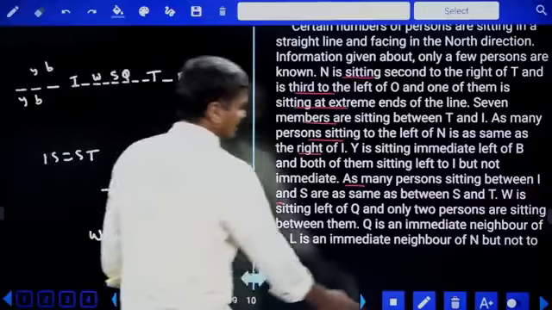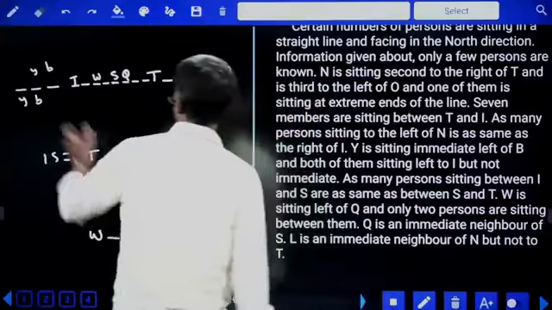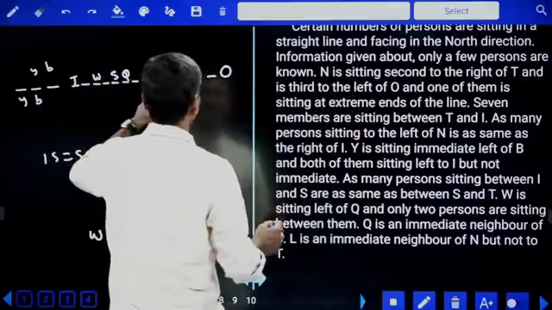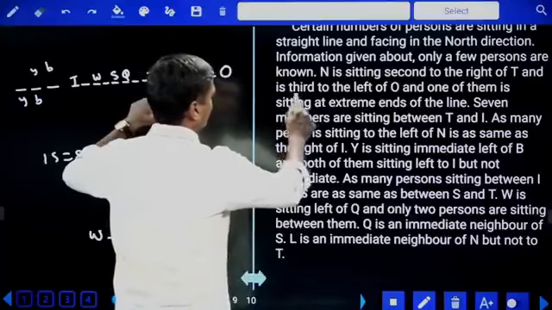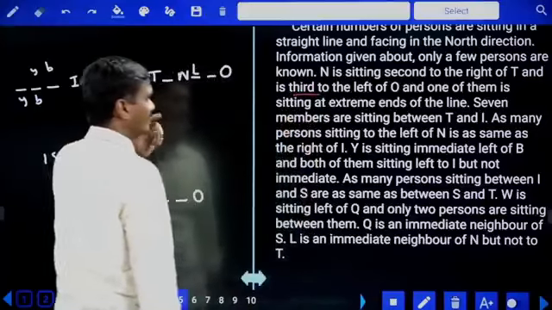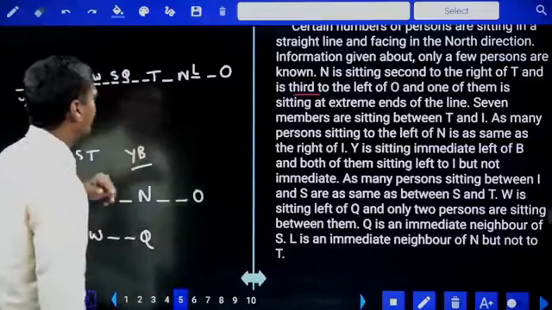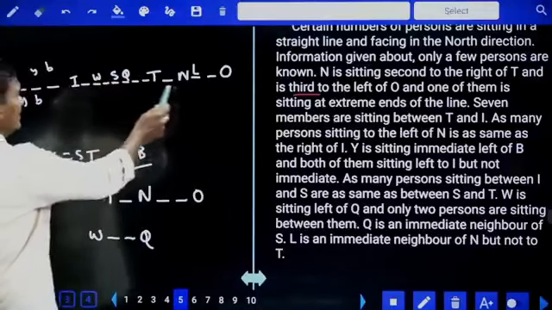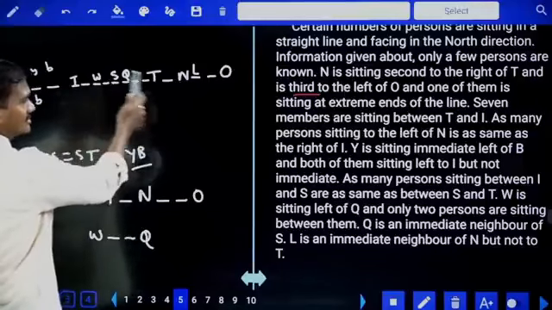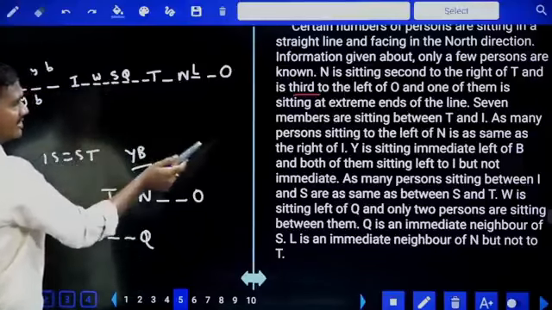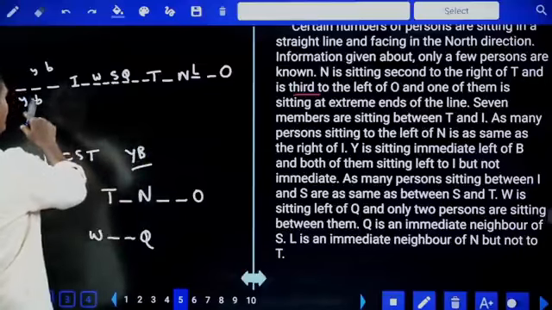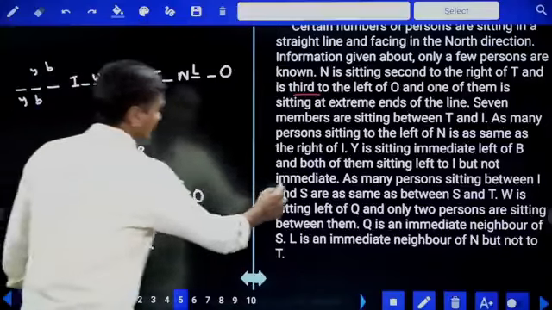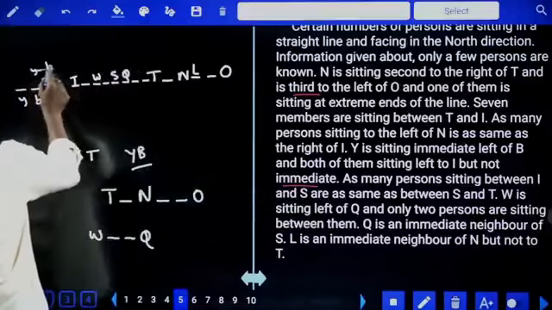Done. Now let's go through the information once again to finalize Y and B. N is sitting second to the right of T, and one of them is extreme. 7 members between T and I, and as many persons to the left of N equals the number of persons to the right of I. Y is sitting immediate left of B, and both of them are sitting to the left of I, but not immediate.